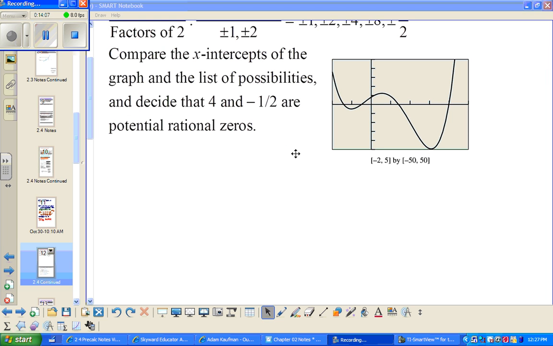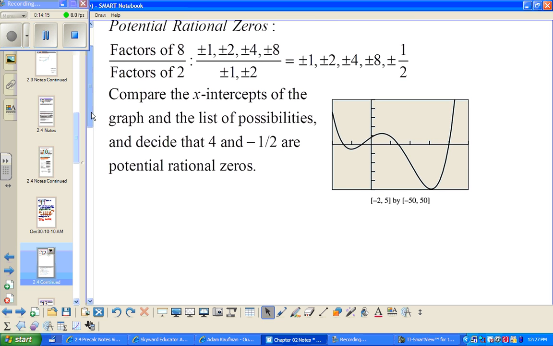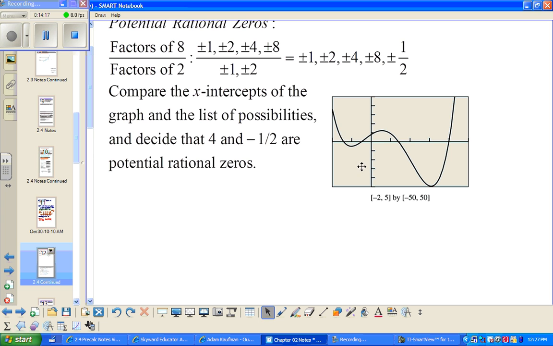In so doing, you would think that 4 and negative 1/2 are possible rational zeros. There's another what looks like a zero right here. However, we don't have another number as one of our options to use.